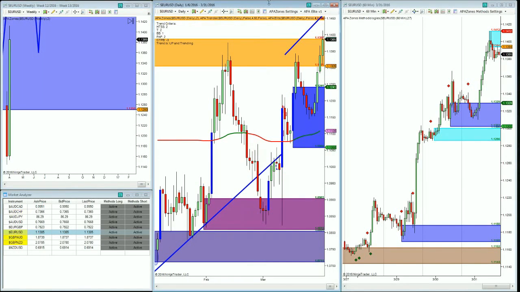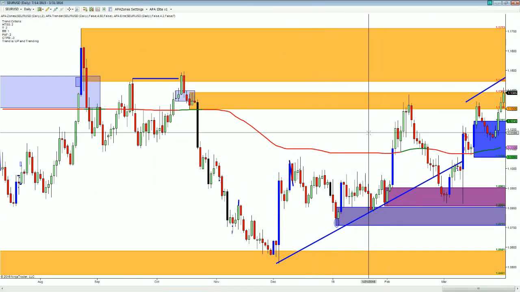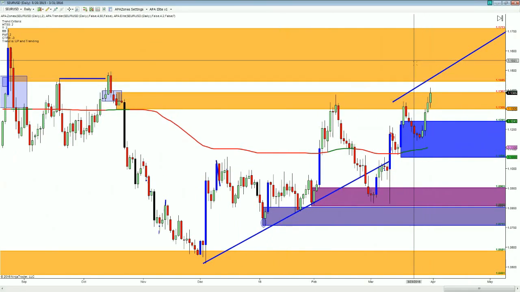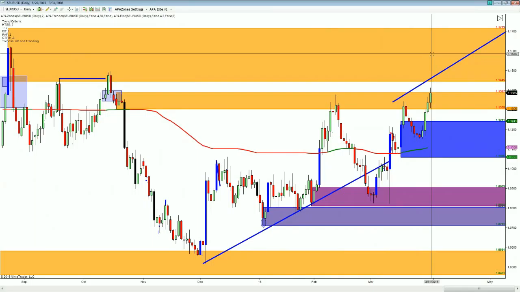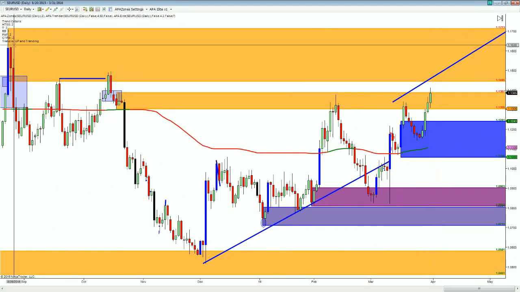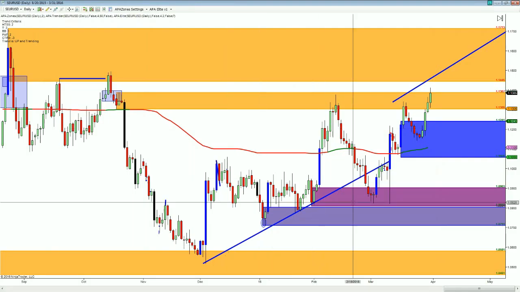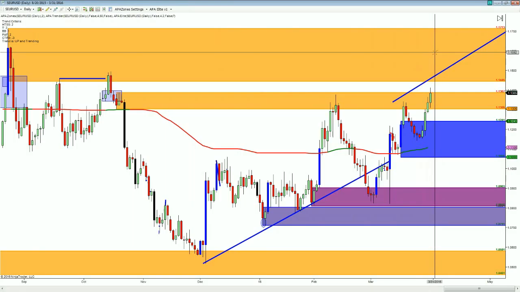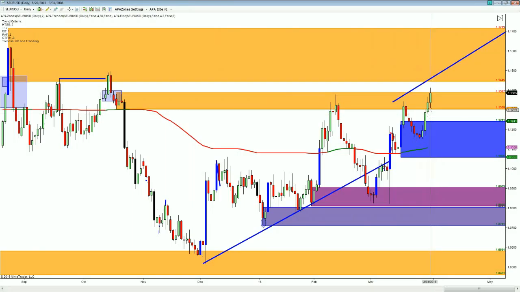Here we are on the daily. And this thing's been trending up. Looks like this daily zone's going to get violated here, and we're going to find ourselves up in here in the near term. But the trend is up and trending. You see over here, Gabe's indicator says so, as well as price action telling us the same thing. I don't know if we're going to encounter any real sellers up in here or not. That's yet to be seen. But I know the trend's up.